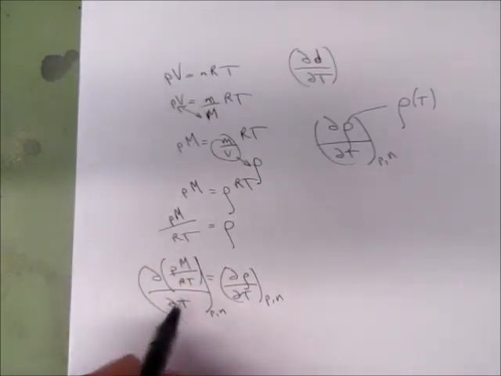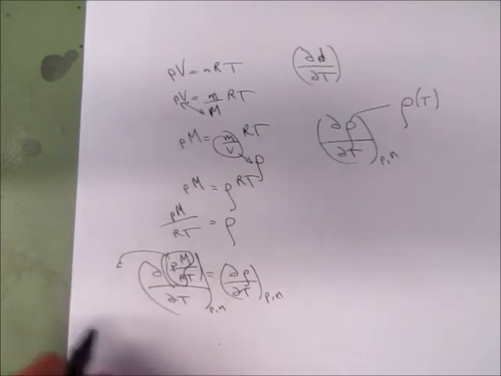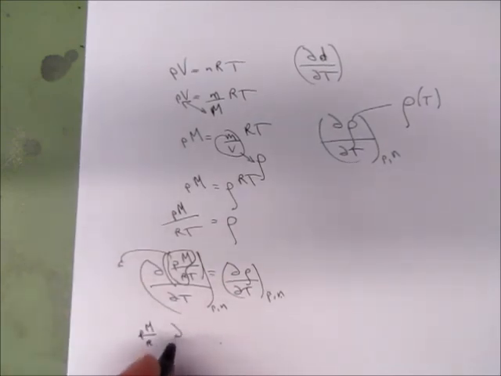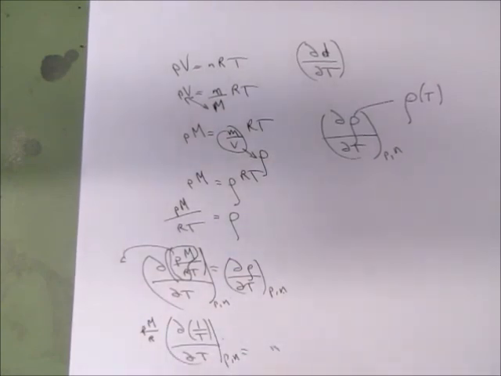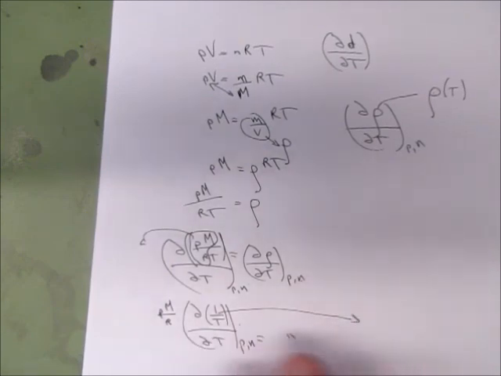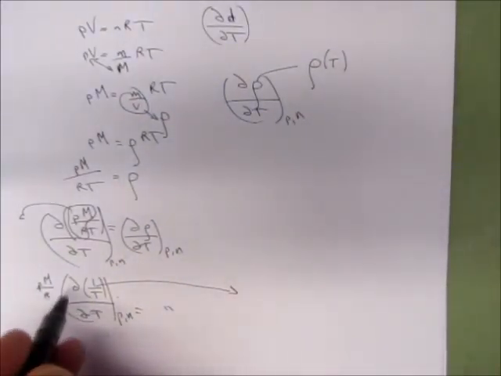This is constant, so you bring it out. So you get PM over R, and then we're taking the derivative of 1 over T. Off on the side, if this was a math one, to get rid of this notation right here, it's understood this is a partial differential.